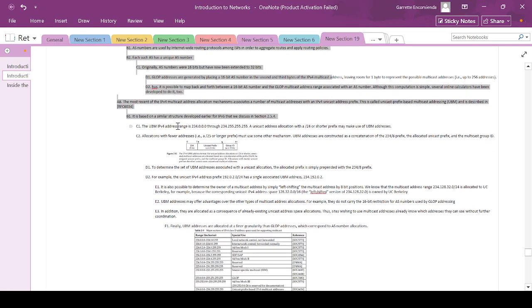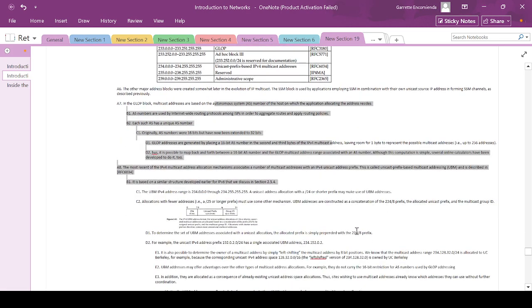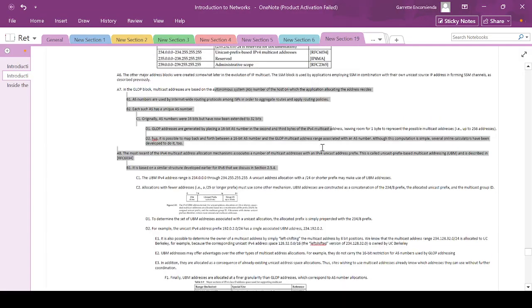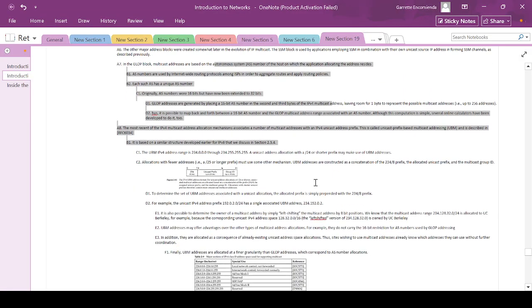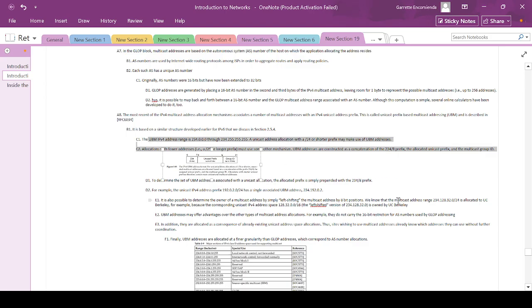It is based on a similar structure developed earlier for IPv6 that we discussed in section 2.5.4, which we used to convert IPv6 to IPv4. So the UBM IPv4 address range is 234.0.0.0 through 234.255.255.255.